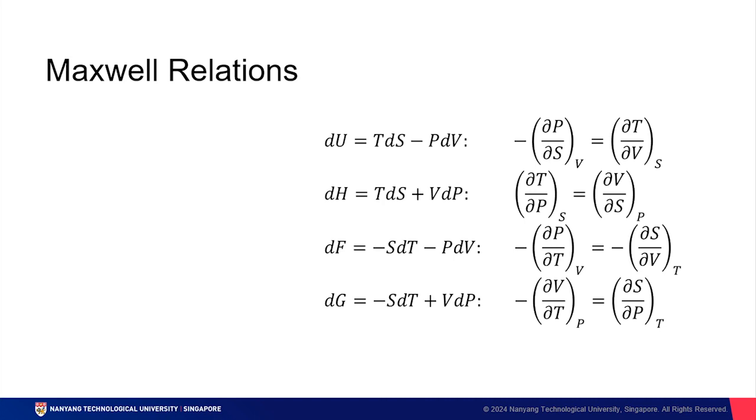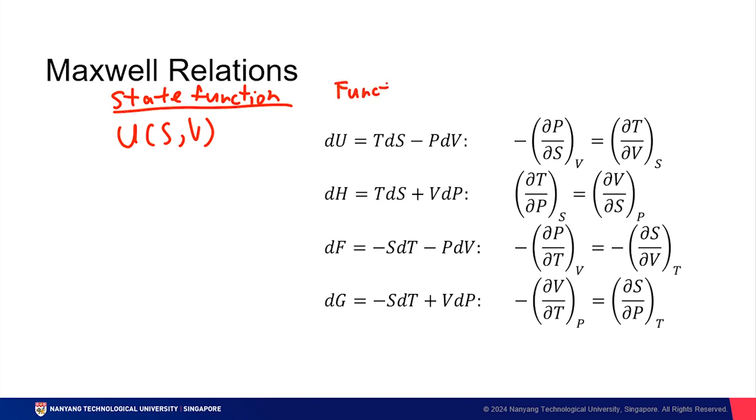With these 4 Maxwell relations, he noticed that this is the state function. So I call this the state function. And this is its functional relationship. And this is its Maxwell relation.